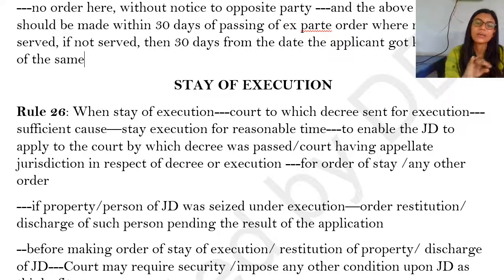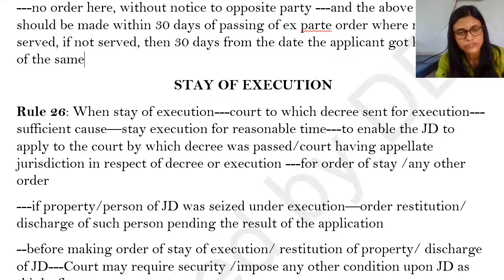Before making an order of stay of execution or restitution of property, or discharge of the JD, the court may also require some security, or it may impose any such condition on the judgment debtor as it thinks fit. So till now we saw how the application was made and how the process was ordered. But there are certain situations where execution can also be stayed.